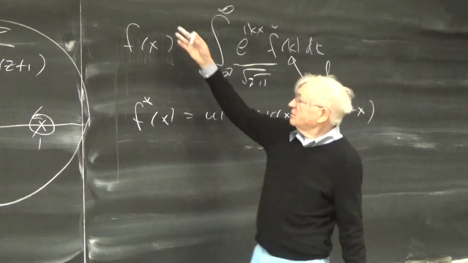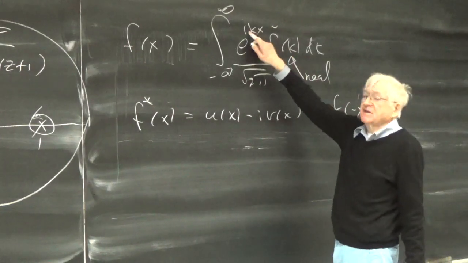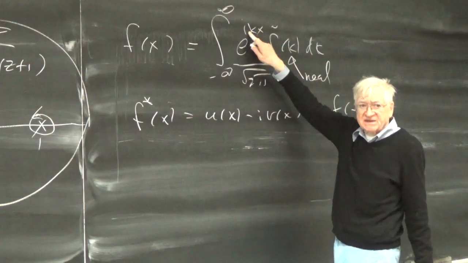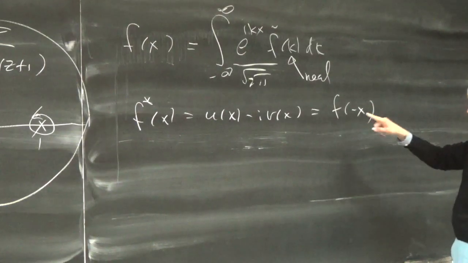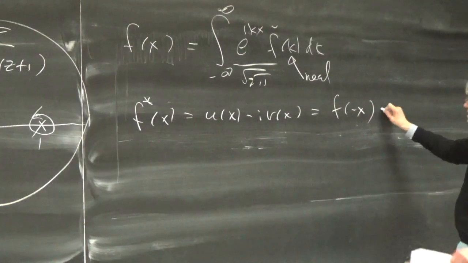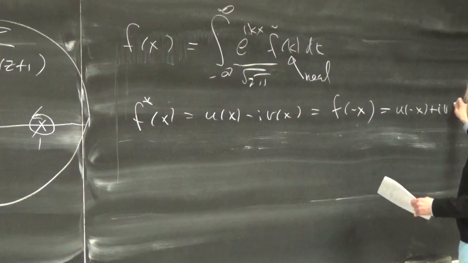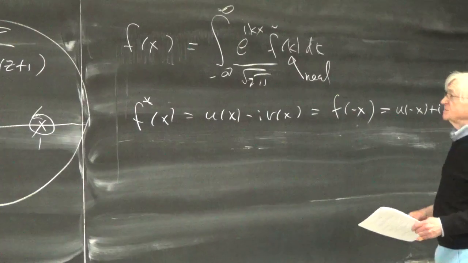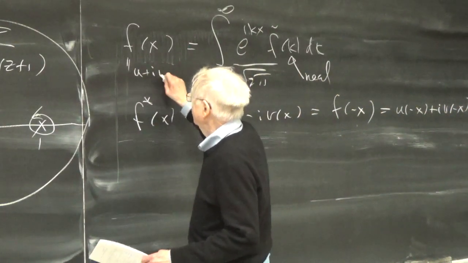Because if you complex conjugate that and f tilde is real, nothing happens here. The only thing that happens is you get a minus sign here. And that means that f star of x is f of minus x, which is u of minus x plus i v of minus x. I'm saying, of course, here that f is u plus iv.